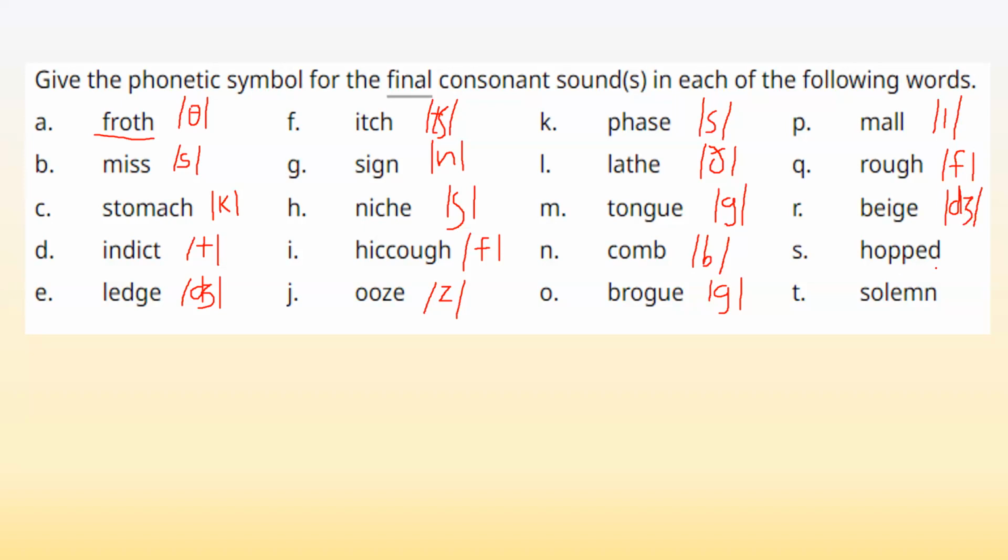Can any one of you tell me the final consonant of this next word? How do you pronounce this part? H-O-P-P-E-D. We write it in the past form of the word using ed. But how do you say the word? Hopped. Do you really pronounce the d at the end?